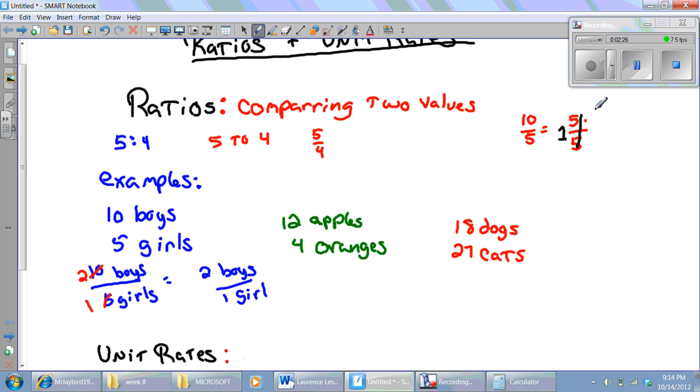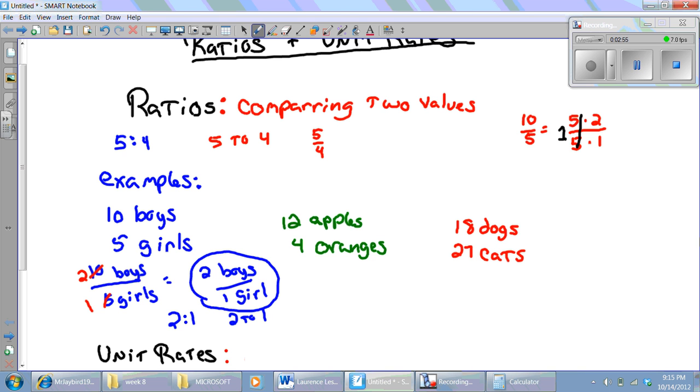So if I take away this covered part here, I really have 1 times 2 over 1, which is the same as 2 over 1. More simply, it's 2, but since we're doing a ratio, we want to keep the denominator in there. Of course, you could have written your answer as 2 to 1 like that, or 2 to 1 like that. But I prefer the fractional method.